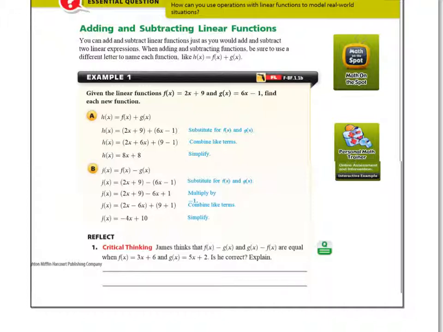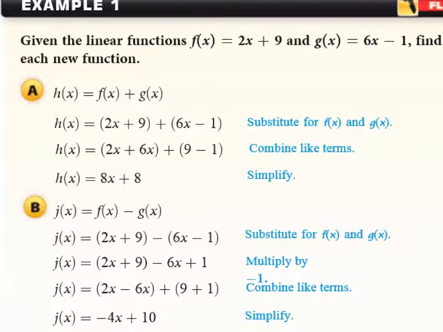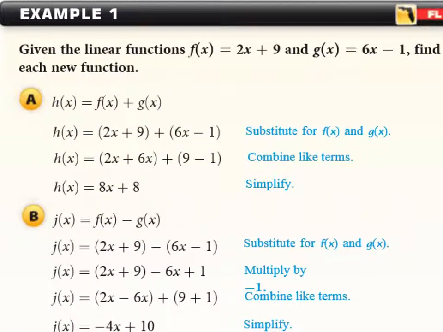So the 2x and 6x from here and from here, and then the 9 minus 1. 6x plus 2x is the 8x, and then 9 minus 1 becomes 8. So h of x, because it's a new function, is 8x plus 8.